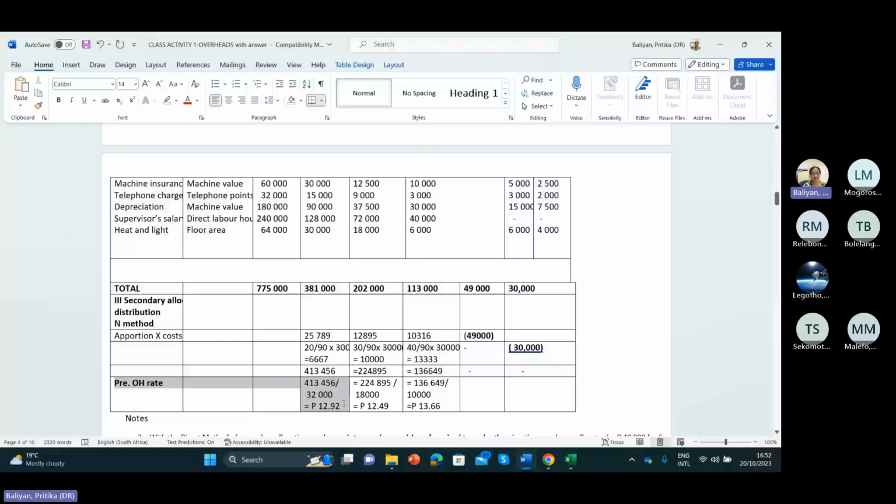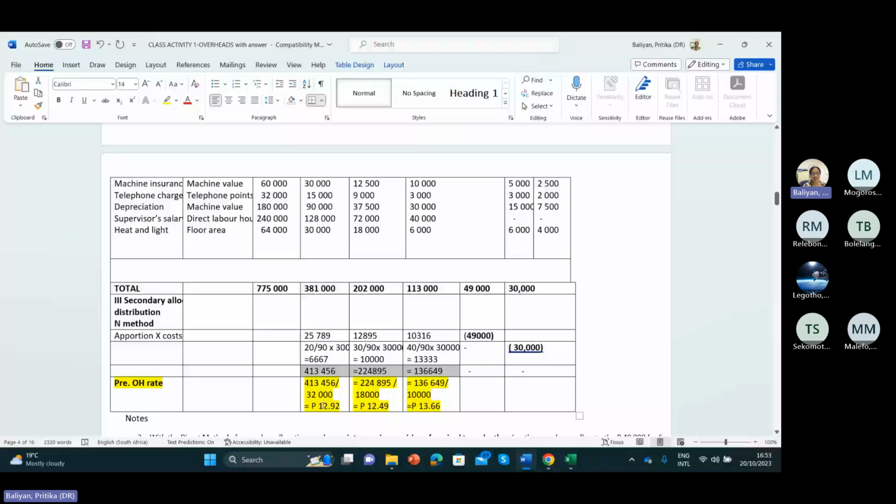Under the direct method, we directly distribute only the service department cost among the production departments and get their total, and this total we divide by either the direct labor hours or machine hours given in the question.